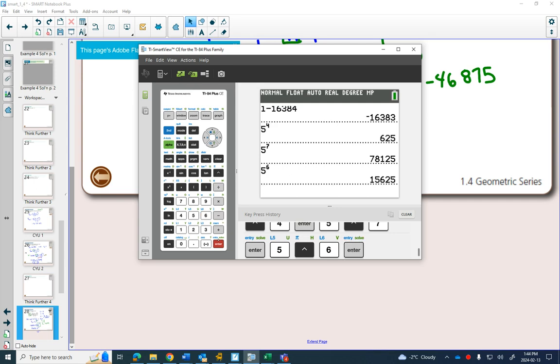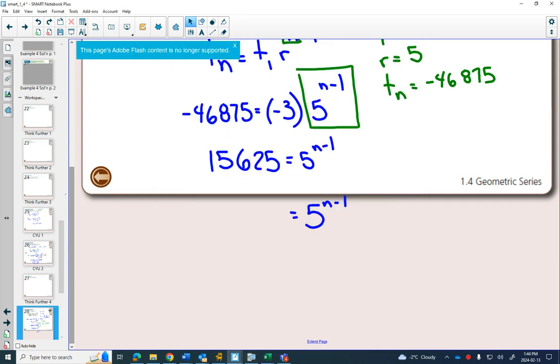There it is. So I can rewrite 15,625 as 5 to the 6. Since n has to be a nice natural number, it's not hard to guess and check to figure it out.